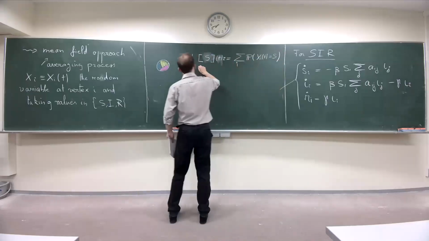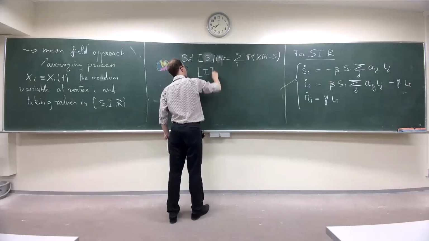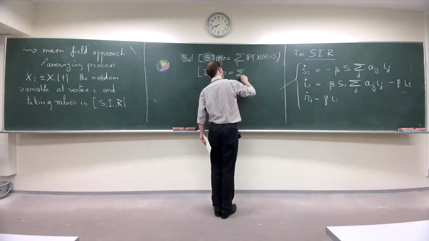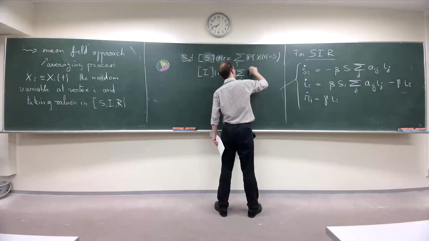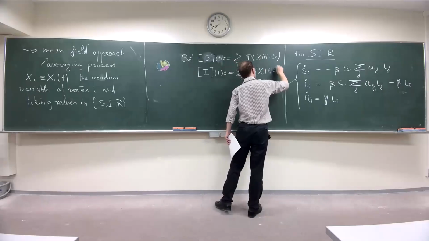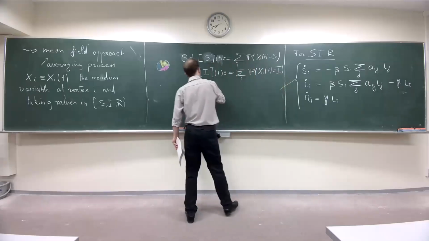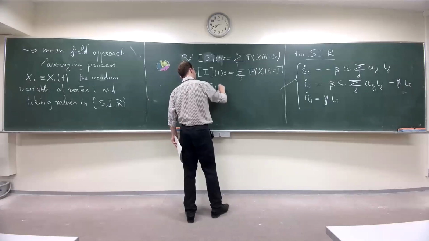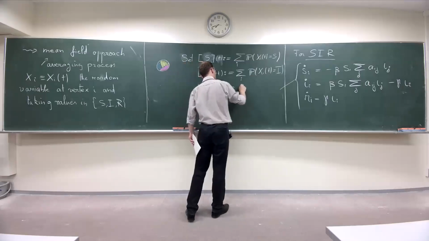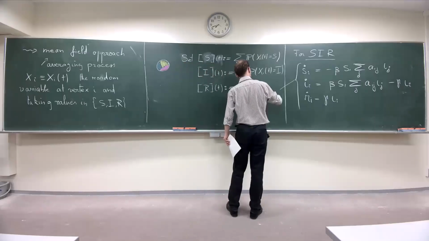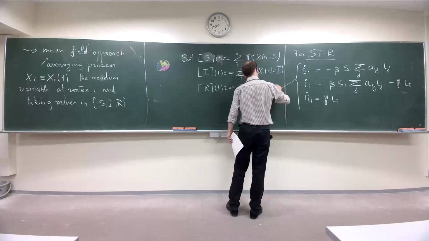And similarly, I of t is the sum over all i of the probability that x_i of t is I, infected, and you can guess R of t is the sum over all i of the probability that x_i of t has recovered.